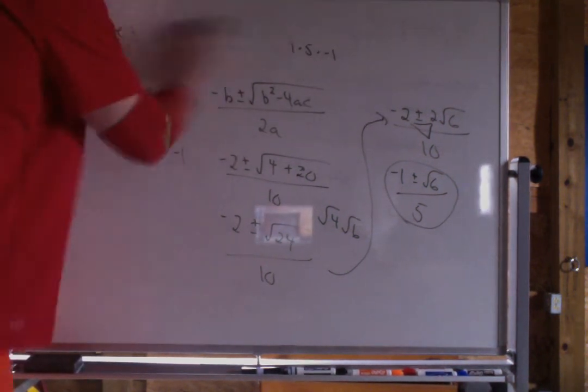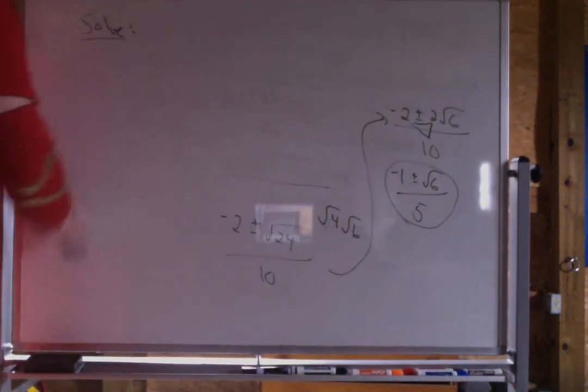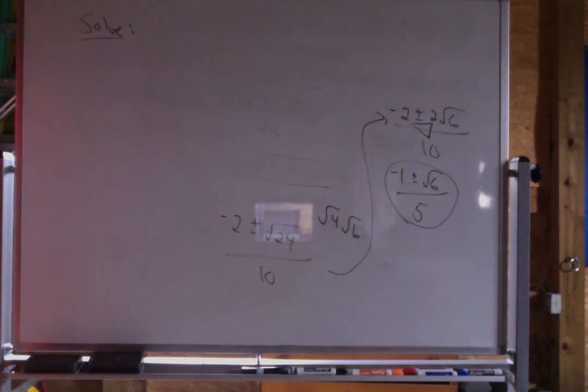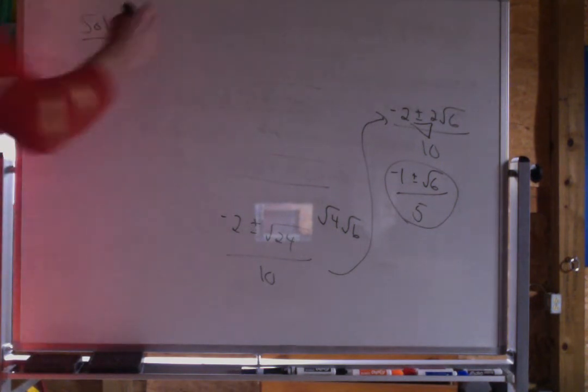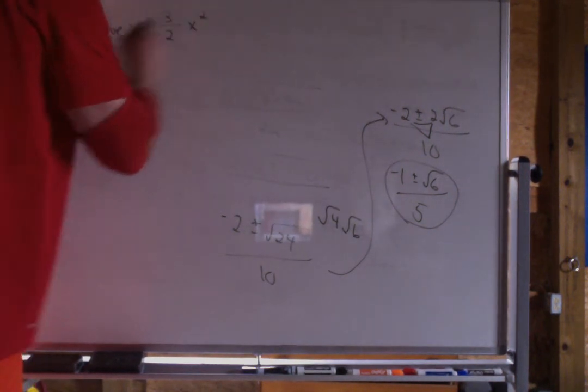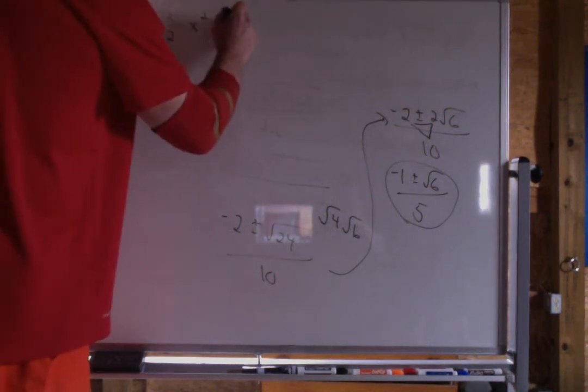All right, let's take a look at the next one. I have 3/2 x squared plus 1/2 x minus 3.